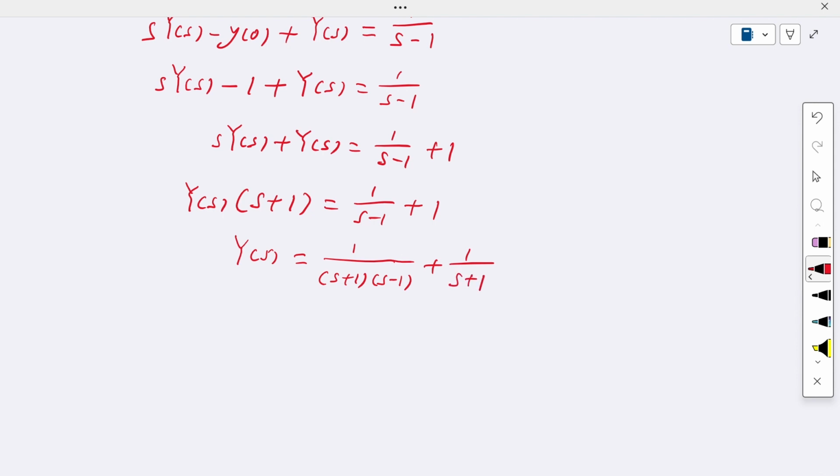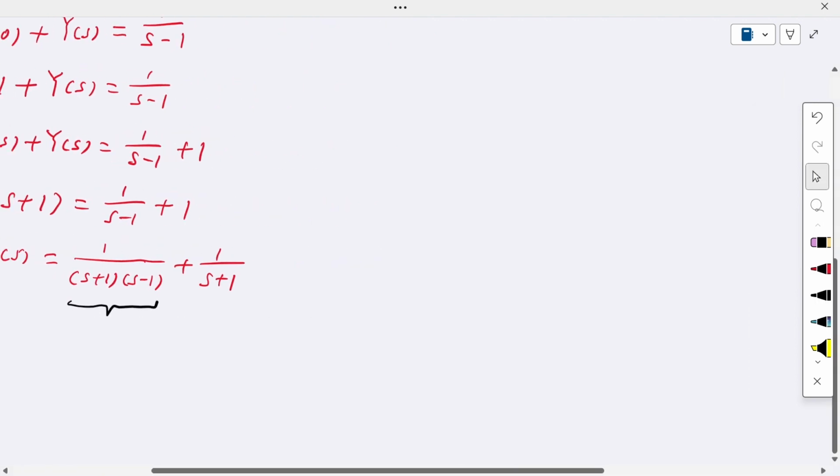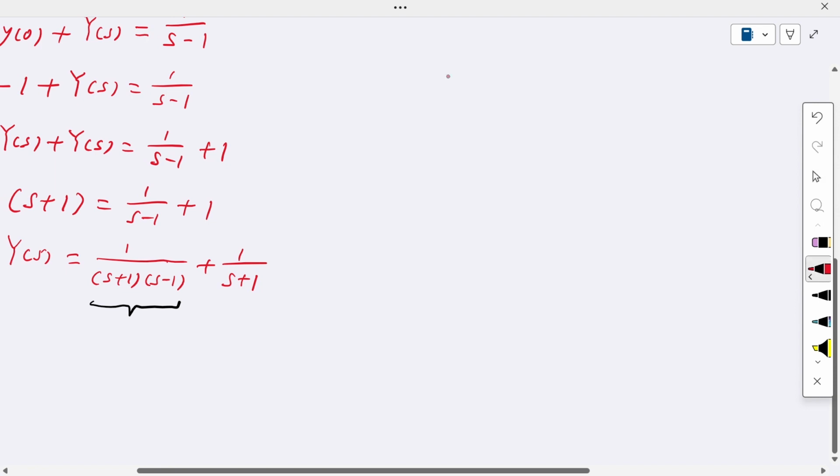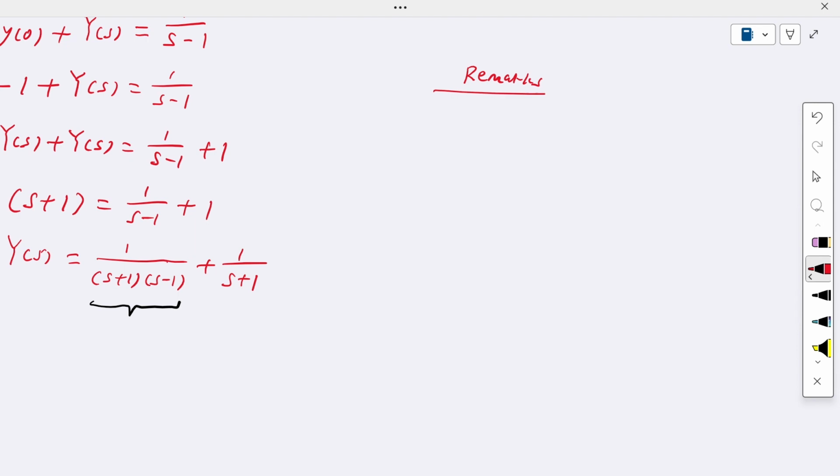Okay, so to find the inverse Laplace transform, we can separate this into two terms. Let me make a remark here. So we have 1 over (x plus 1)(x minus 1).